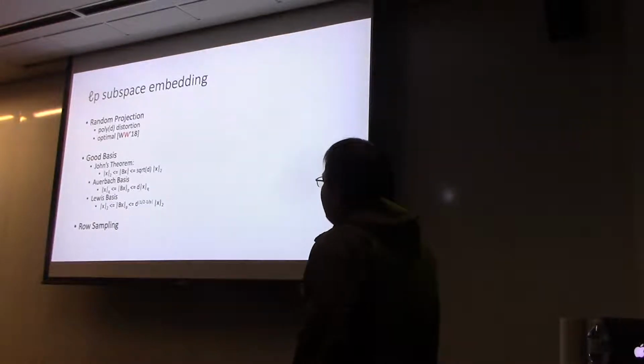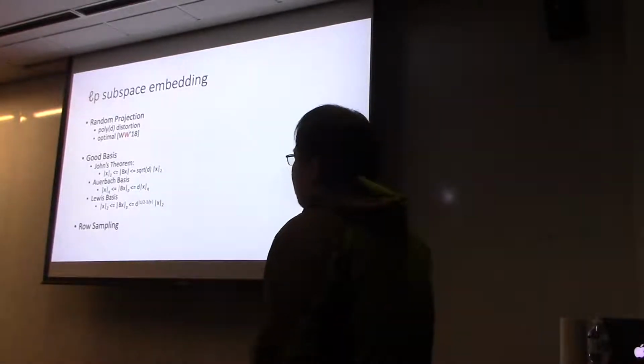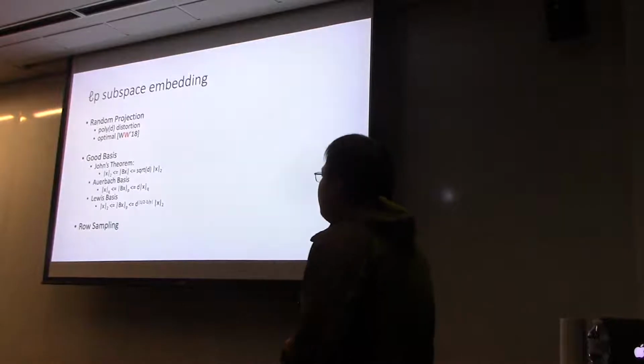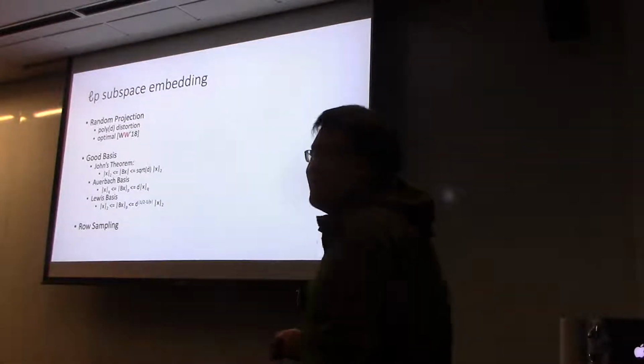When P is 1 or infinity, the L1 norm or infinity norm, then this is exactly root D, what we get by using the theorem. So basically, the Lewis basis interpolates the Auerbach theorem and the orthogonal basis for L2.